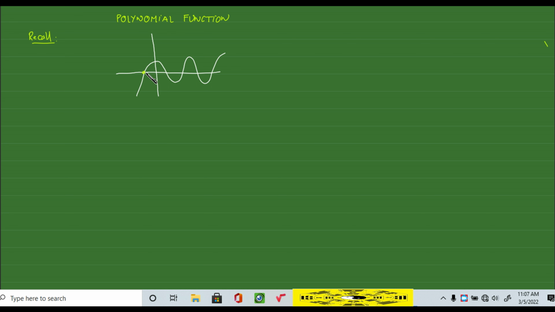Okay, so this point, this point, this, and this. So totally we have 5 intersection points. So intersection point is actually the solution. We can call it the solution of polynomial equation, or we can call it 0.